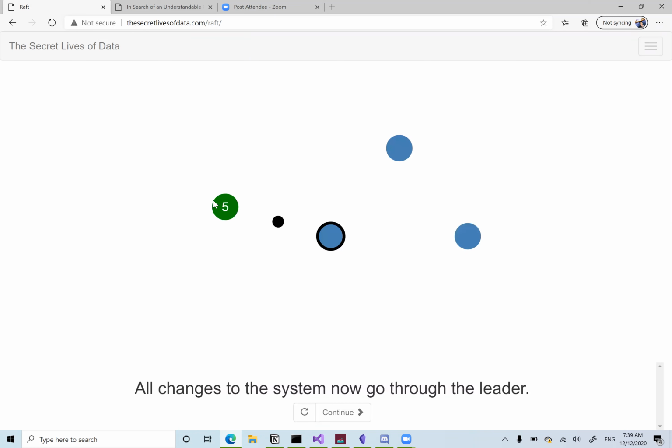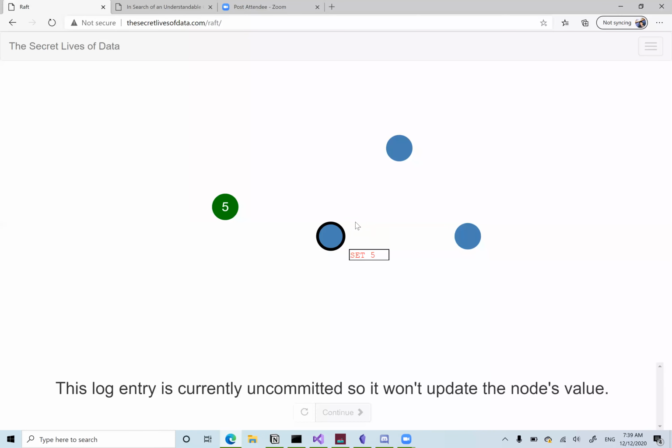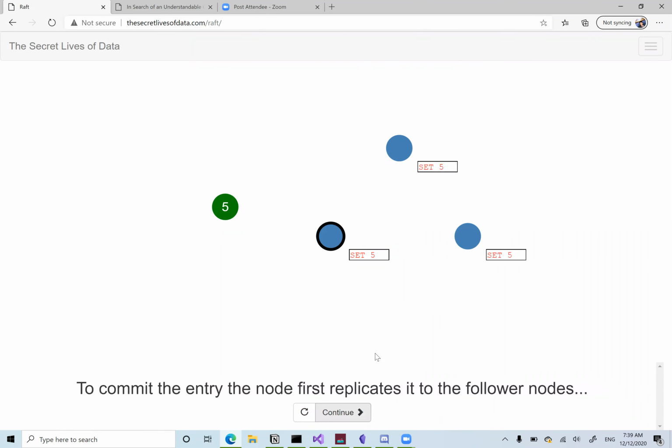Now if a client sends a request that it wants to replicate this log, set 5, the leader will take this value and write it, but the value is still not committed. Then this change will be sent to all the nodes, and these follower nodes will also write the data on them.